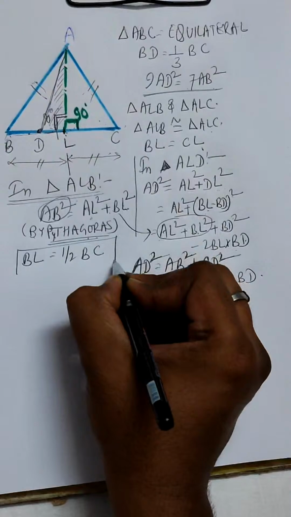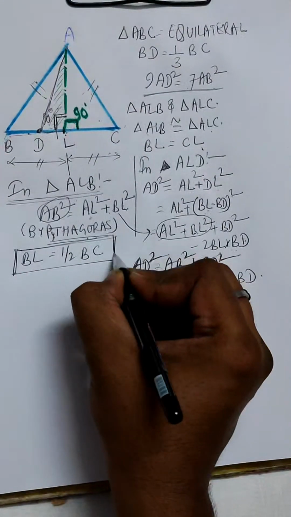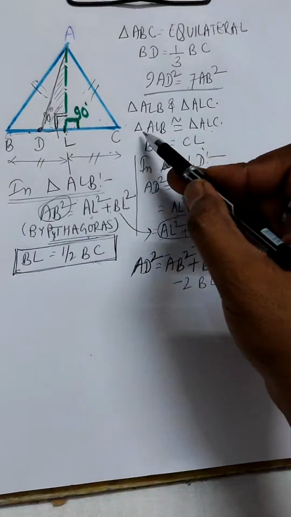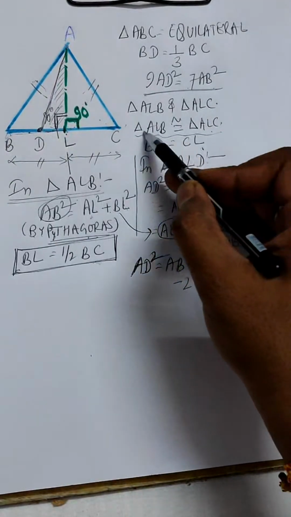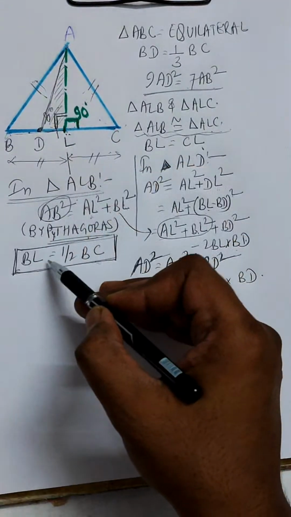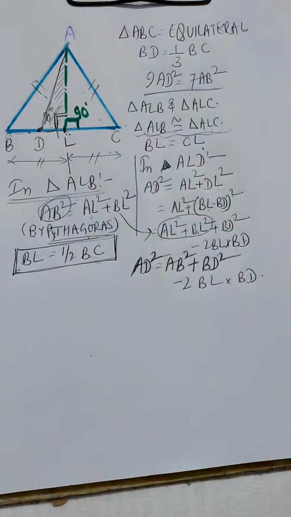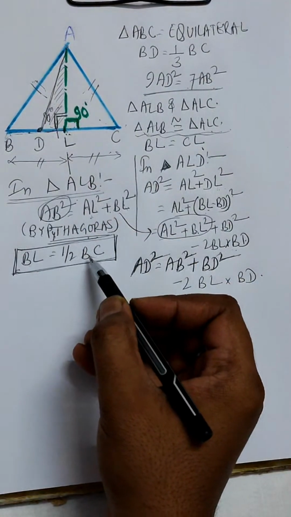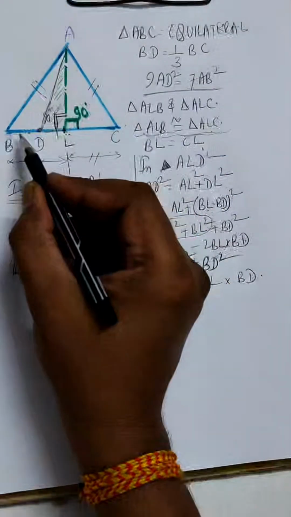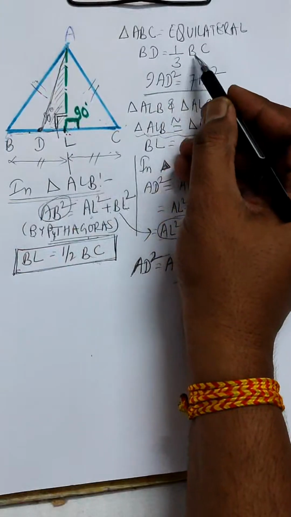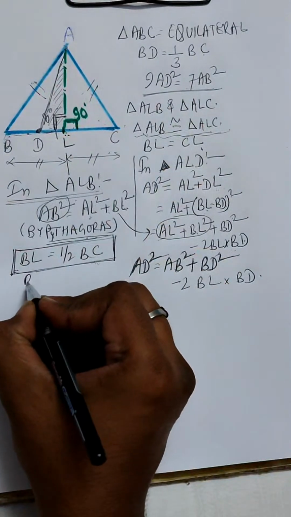This is one of the criteria, after which we have proved, since both these triangles are congruent, we can say BL equal to CL. So that's why BL is half of BC, right? Now similarly, BD is 1 by 3 of BC. It's also given.